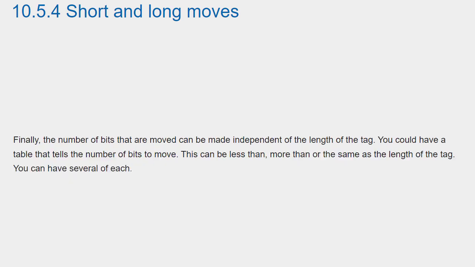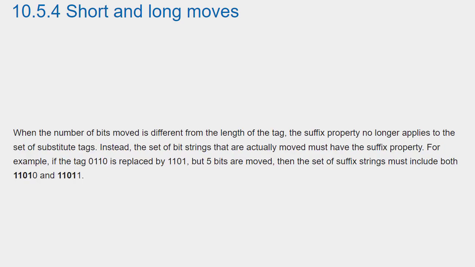Finally, the number of bits that are moved can be made independent of the length of the tag. You could have a table that tells the number of bits to move. This can be less than, more than, or the same as the length of the tag. You can have several of each. When the number of bits moved is different from the length of the tag, the suffix property no longer applies to the set of substitute tags.